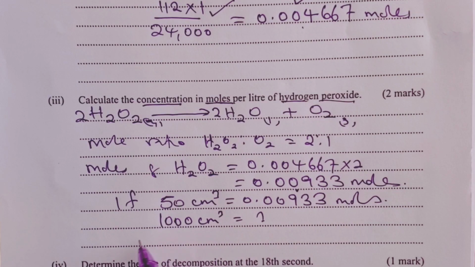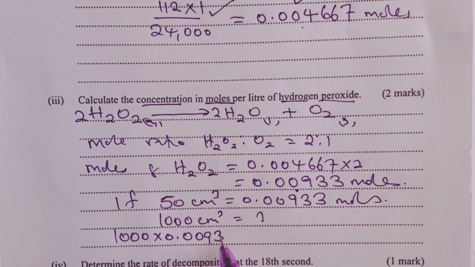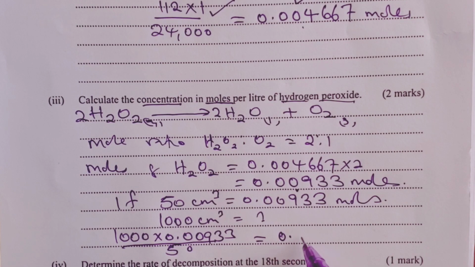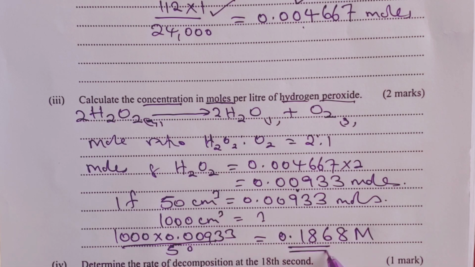So if you do cross multiplication, we would have 1000 multiplied by 0.00933 divided by 50. And we get our concentration in moles per liter as 0.1868 molar solution.